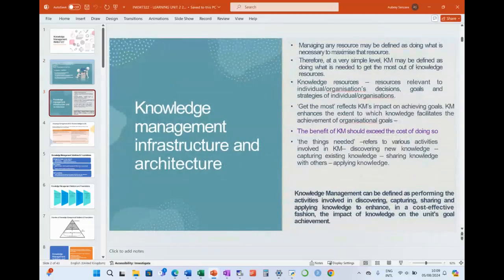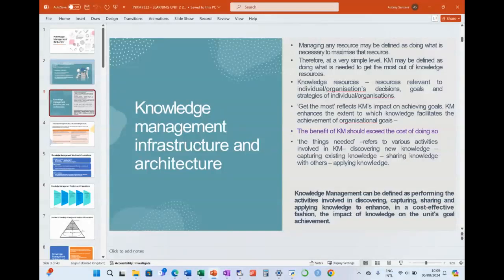Let's go on. Okay, so we already know that when it comes to knowledge management, it's about doing what is necessary to maximize the knowledge resources, okay? Therefore, at a very simple level, knowledge management may be defined as doing what is needed to get the most out of knowledge resources. Knowledge resources relevant to individual and organizations' decisions, goals, and strategies.